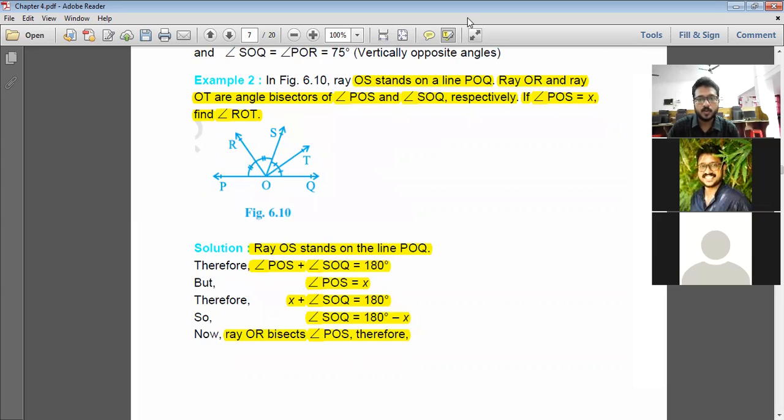Do you know why it is so? Anyone have a doubt why we are writing half? Angle ROS is equal to half into angle POS.